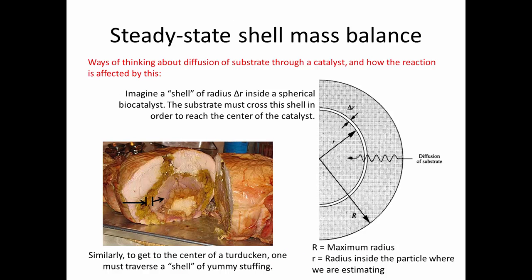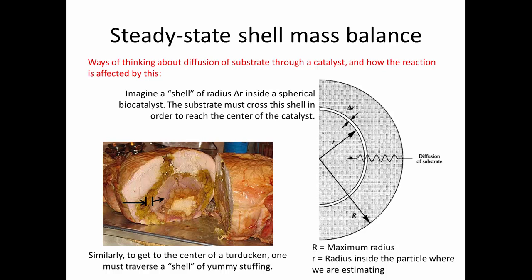So we think about diffusion through our spherical catalyst in terms of how it diffuses to the center. We can look at different spaces within that catalyst, a space or a shell called delta R here in this case, and we can take the steady state shell mass balance. So we imagine this shell, which has that radius delta R that I just mentioned, inside a spherical biocatalyst.